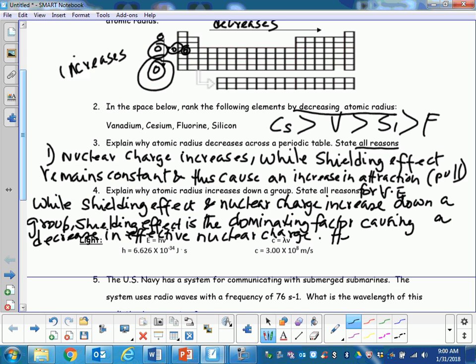Atomic size increases due to decreased attraction or pull. Slash pull. Are we good?